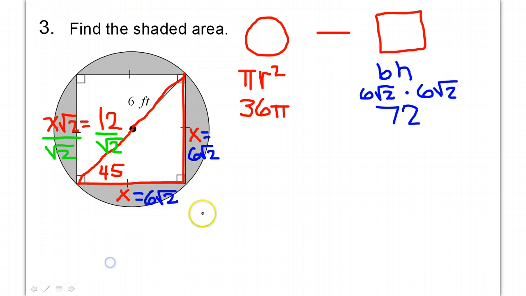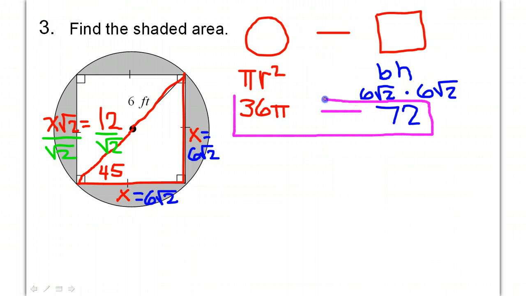So, from the beginning we said we were going to take the area of the circle and subtract the area of the square. So that means we're doing 36 pi minus 72. In fact, that would be the exact answer.